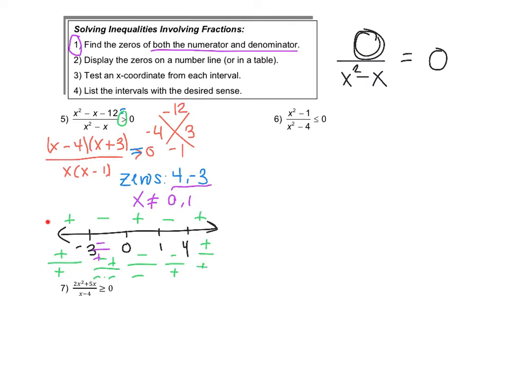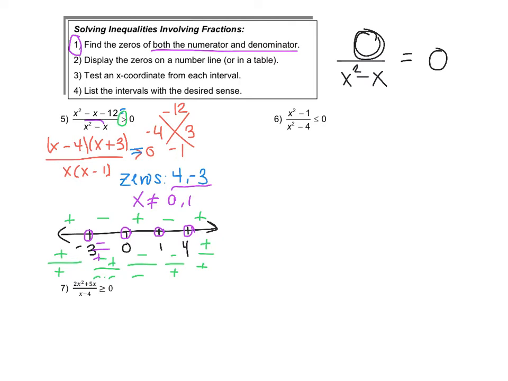Okay, so we've tested points and found out where this function is positive. So think of this number line as the x-axis. It's above the x-axis, then in between negative 3 and 0 it's below, and then it's above, and then it's below, and then it's above. So I'm checking specifically for when this function is greater than 0. So I cannot include any of these zeros.